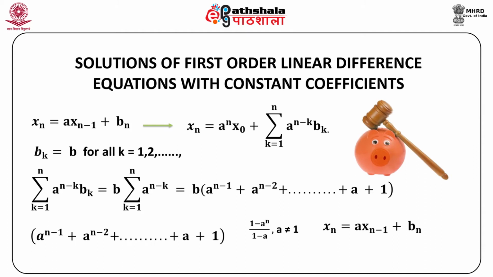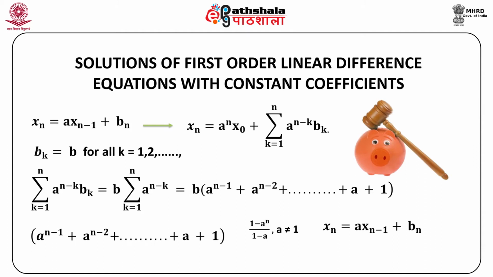Also note that if b_k is equal to b for all k = 1, 2, etc., then the equation becomes the same as dealt with in case 1 above, and the summation from k = 1 to n of a^(n-k) b_k is equal to b times the summation from k = 1 to n of a^(n-k), which is equal to b(a^(n-1) + a^(n-2) + ... + a + 1).